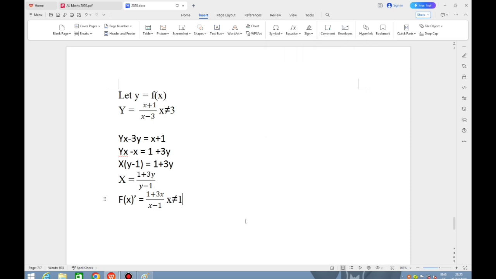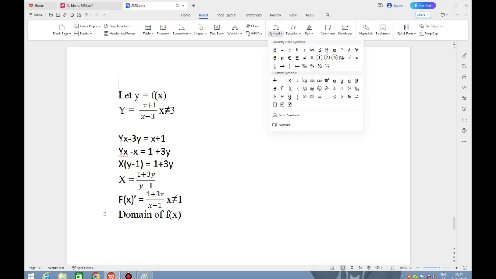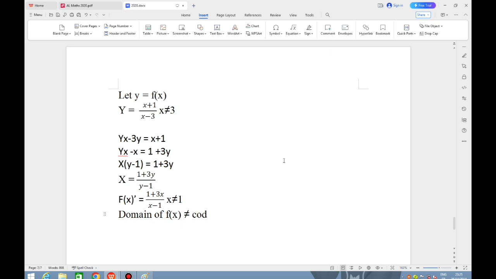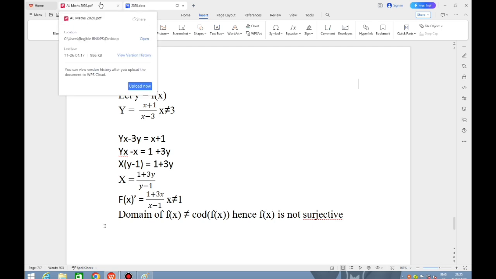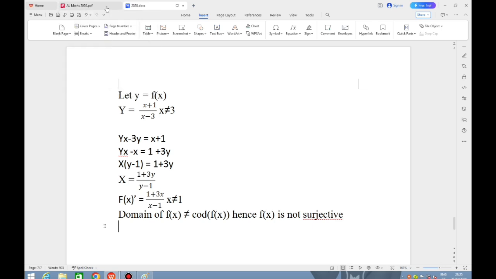Hence we find that the domain of f of x is not equal to the codomain of f of x. Hence f of x is not surjective. So that's basically it to determine if the function is surjective or not.